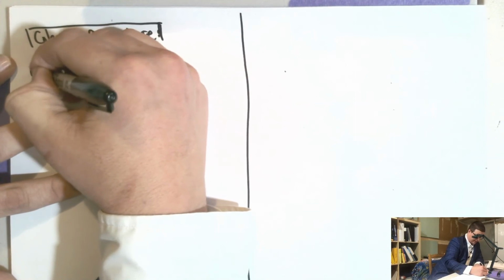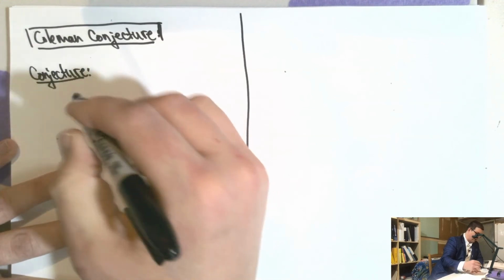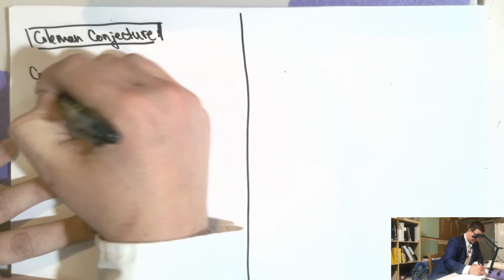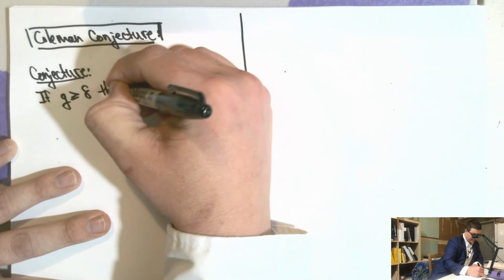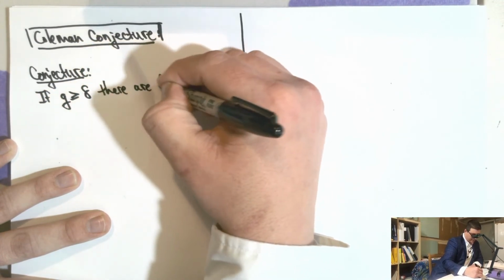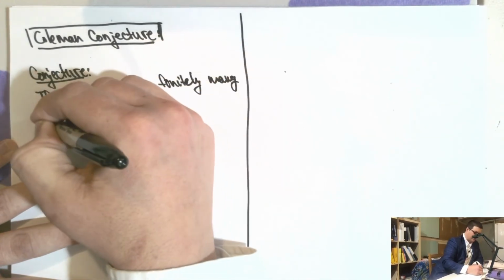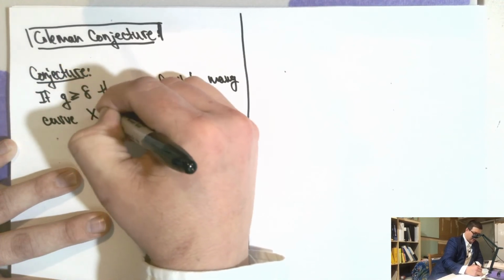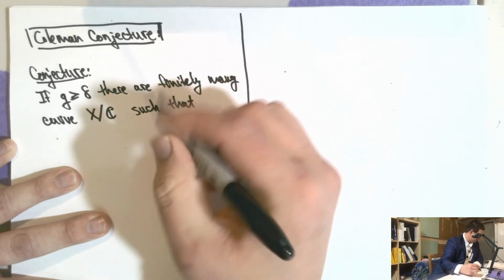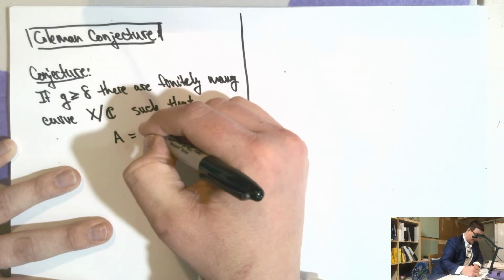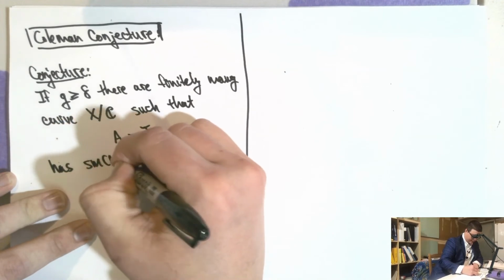If g is greater than or equal to 8, then there are finitely many isomorphism classes of curves X over the complex numbers such that A, the Jacobian of X, has sufficiently many complex multiplications.